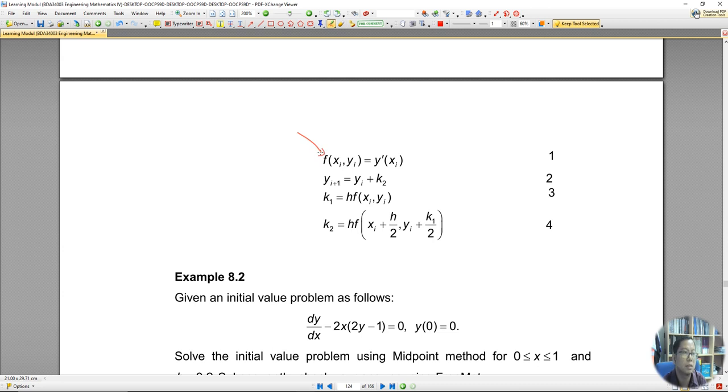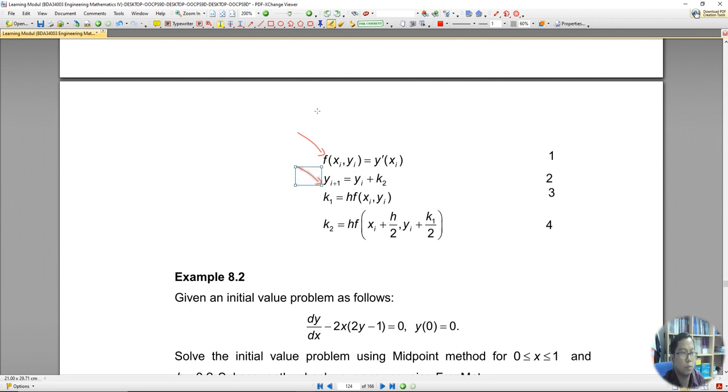By using the midpoint improved Euler method, its solution is given by four equations. First we have the function itself, where f of x and y is the same as y prime. Then y at i plus 1 is equal to y plus k.